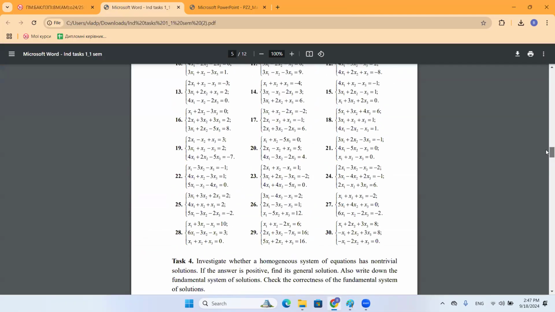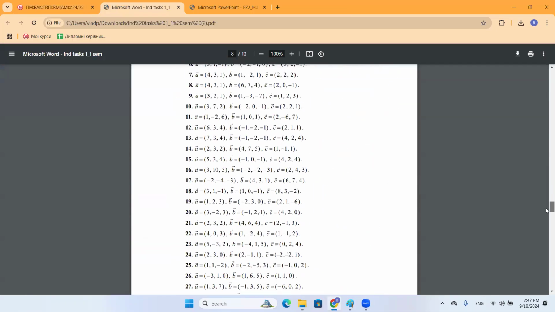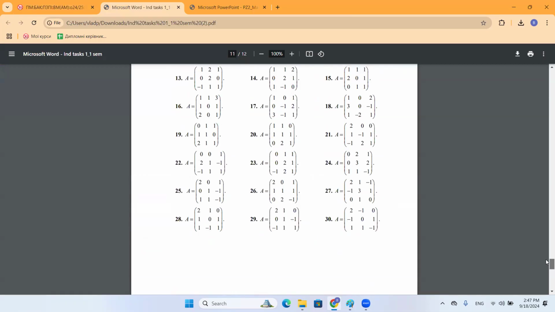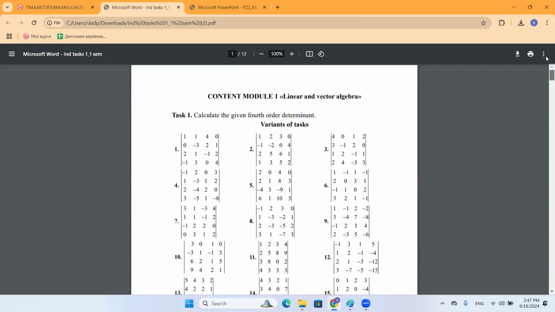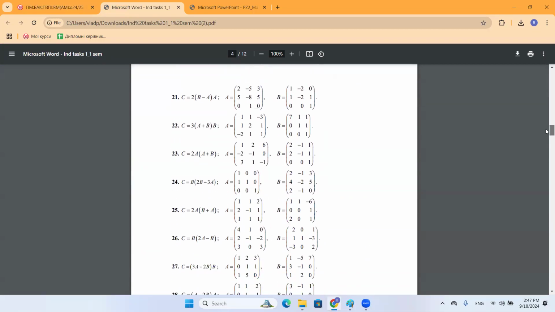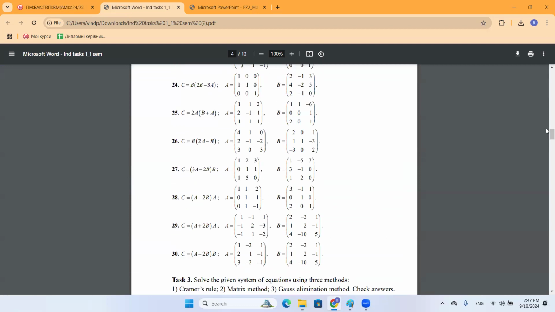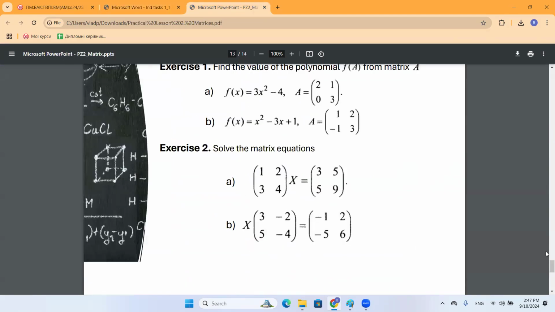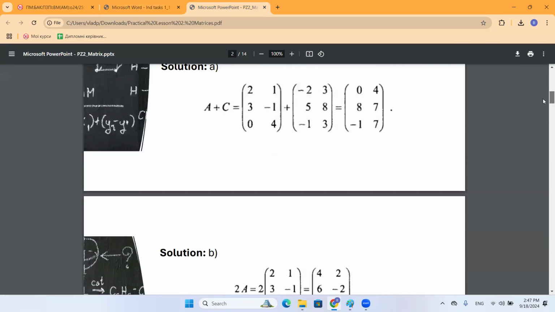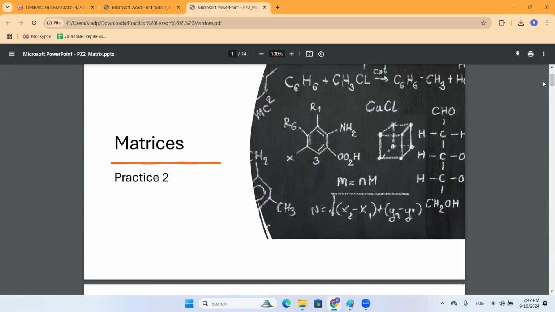There are linear equations, but that will be later. So task 2 you can start doing. And of course it will be nice to review these examples and do the exercises that were left for later.